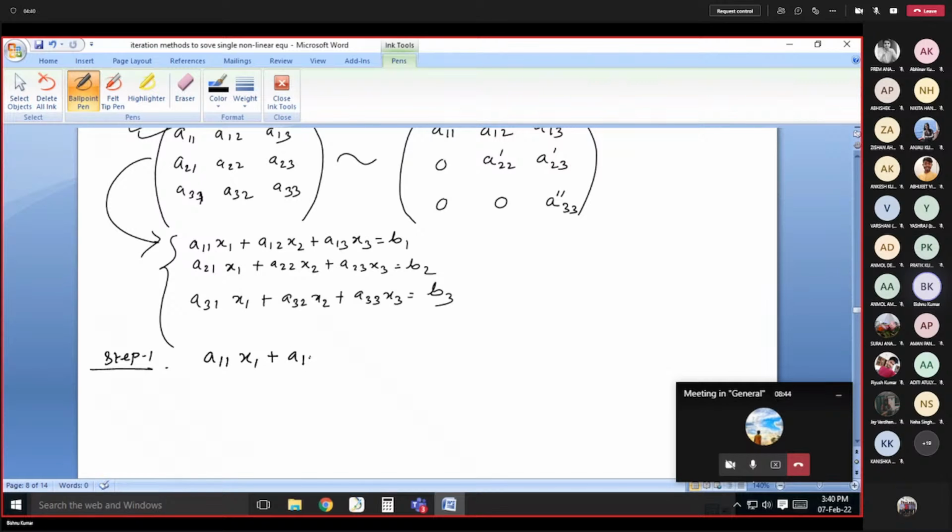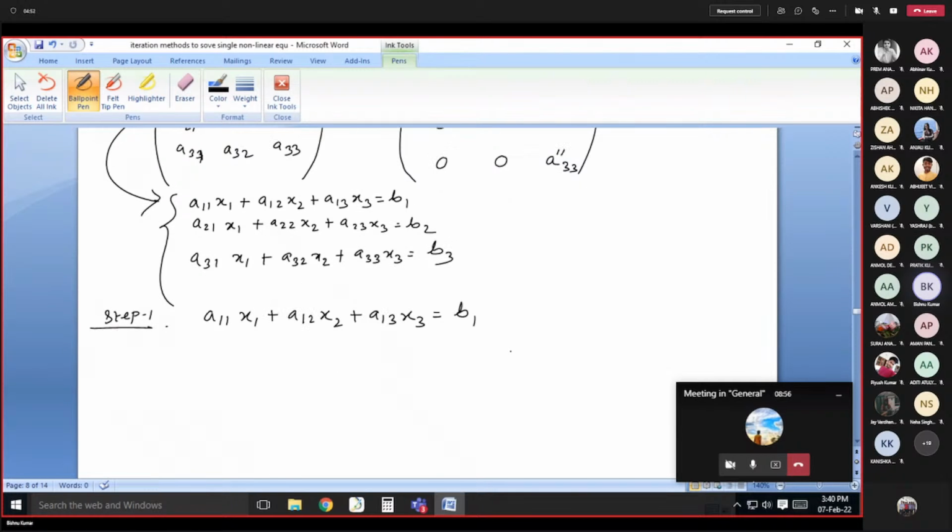What I am telling you, just try to understand nicely. In first step, first equation unchanged, and with the help of first equation, what you will do in the remaining equations such that first position will be 0.